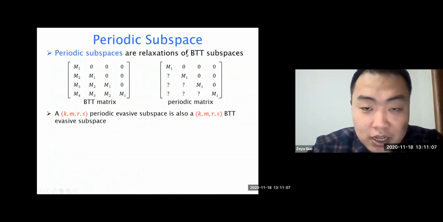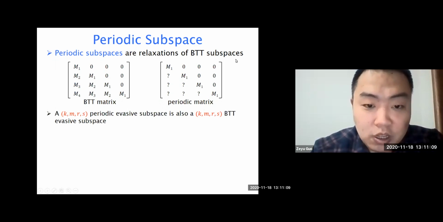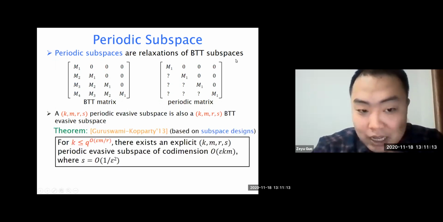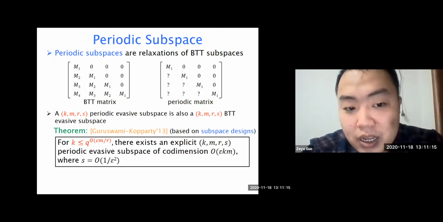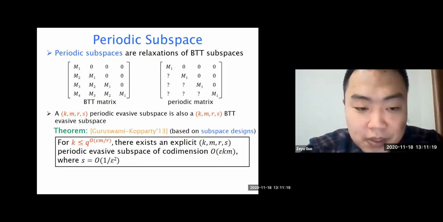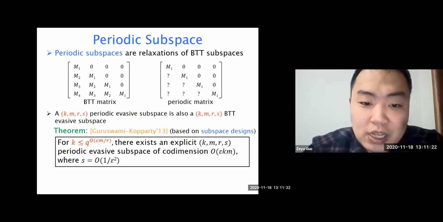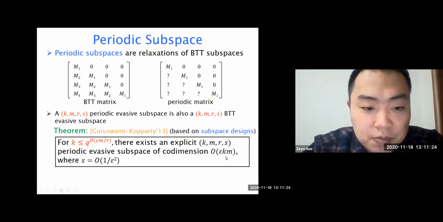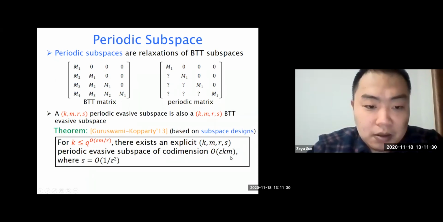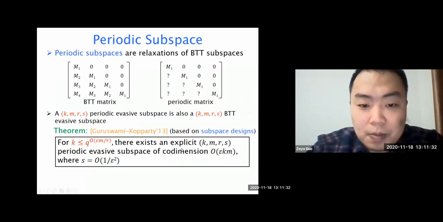Therefore, in order to construct a BTT evasive subspace, one way is to construct a stronger periodic evasive subspace. Our starting point is this result by Guruswami and Kopparty, based on something called explicit subspace designs, which shows that we can indeed construct an explicit periodic evasive subspace that has low codimension. So it seems that we have an evasive BTT subspace construction.